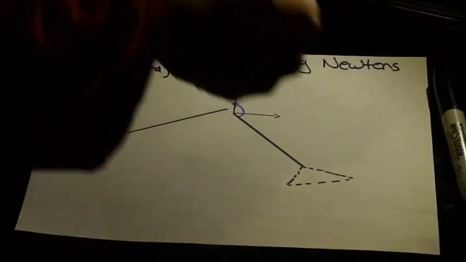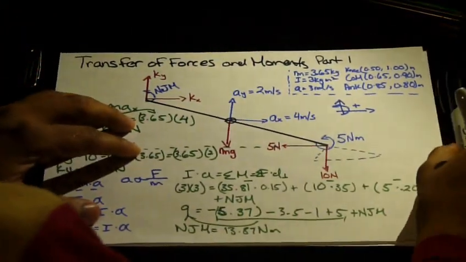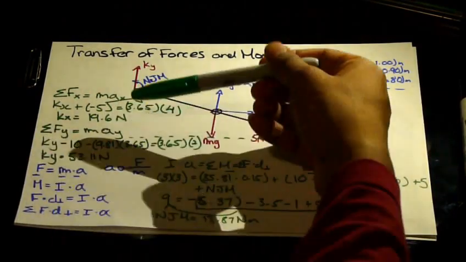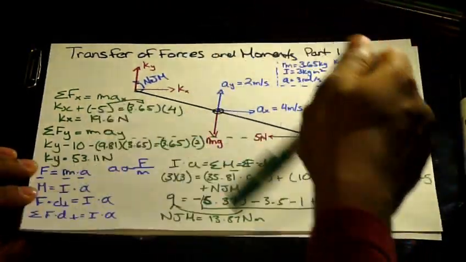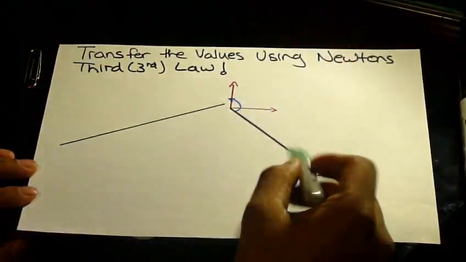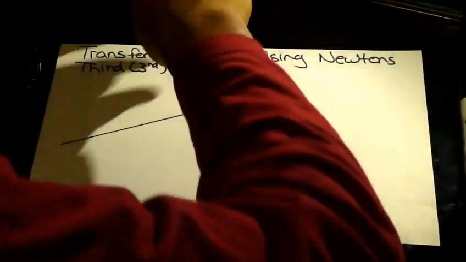Okay, so last tutorial we calculated the necessary forces and moments acting at the knee. So take a look. We took everything that we knew and calculated forces and moments.